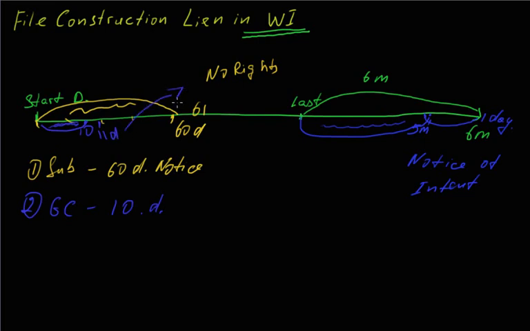So to summarize this, depending on whether you're a sub or a GC, you need to properly serve a notice of lien rights within 60 days from the start of the project, or within 10 days if you're a GC. Then, from the last day of the project, but within the 6 months period, you need to serve a notice of intent to file lien, but no later than 5 months.